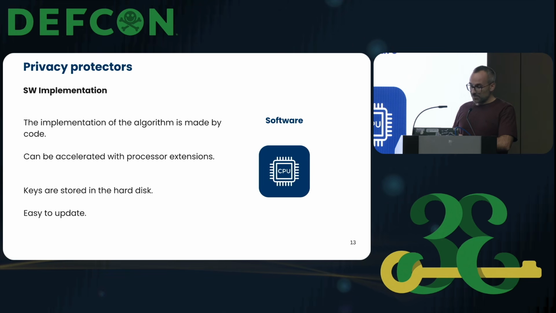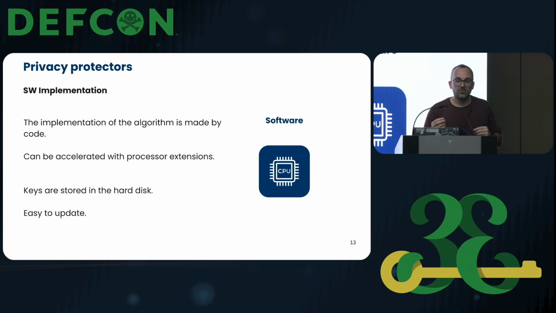Okay, regarding the software implementation, as I said before, the implementation is made by code, C, Python, whatever. The performance that we can reach with this kind of implementation is very poor. Why? Because if I have a processor running at 3 gigahertz or 5 gigahertz, the processor does not execute the instructions at that speed.